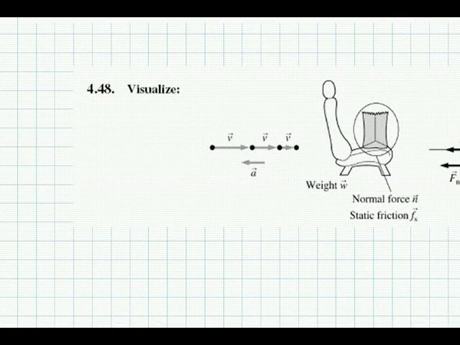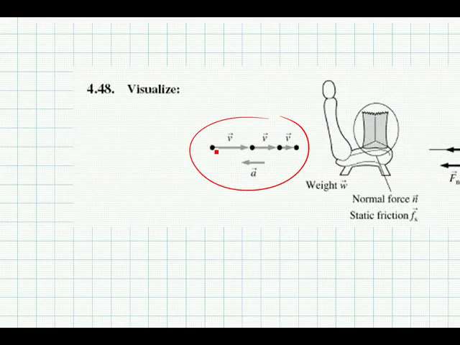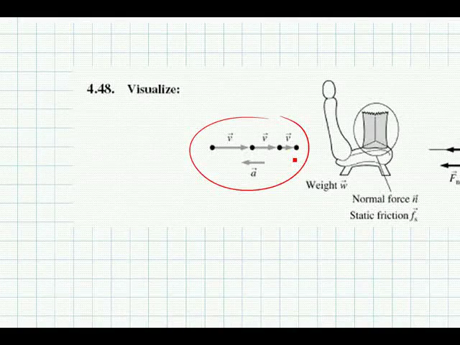One other similar example to this is that of a bag of groceries sitting on a car seat, and the free body diagram here for the bag shows that it is slowing down. So obviously we're approaching home and we're applying the brakes, and the car is slowing down, which in turn slows down the bag of groceries.